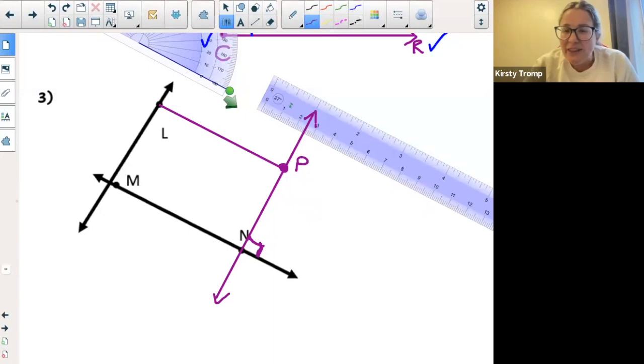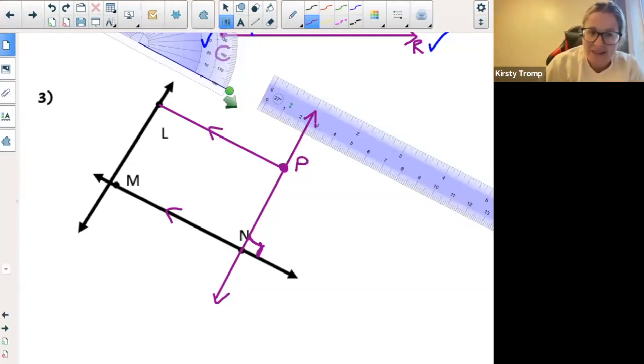All right. I think I had here Kota. Kota, I think you were the first one with your hand up. How are you? I'm good. Kota, tell me, which lines are parallel? The lines that I think are parallel are N and P. So, would you agree that they are MN, so this one, and L?